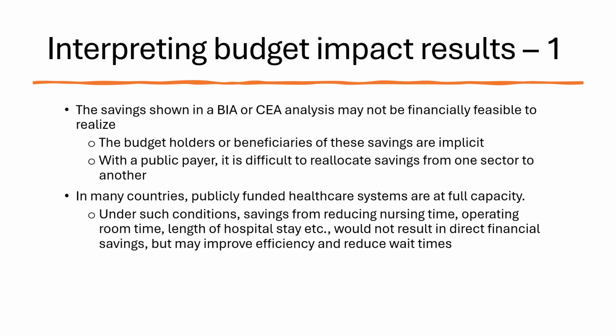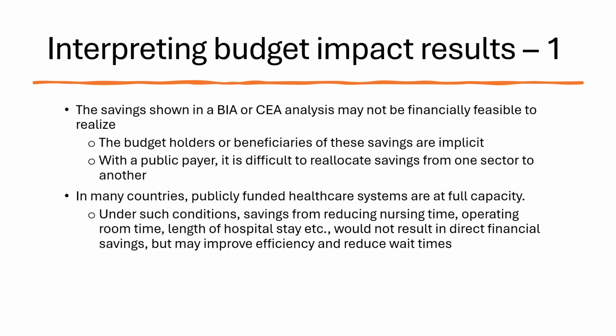It is not uncommon for a CEA or BIA to show that the adoption of a new intervention will lead to cost savings. However, the savings shown in an analysis may not be financially feasible to realize.